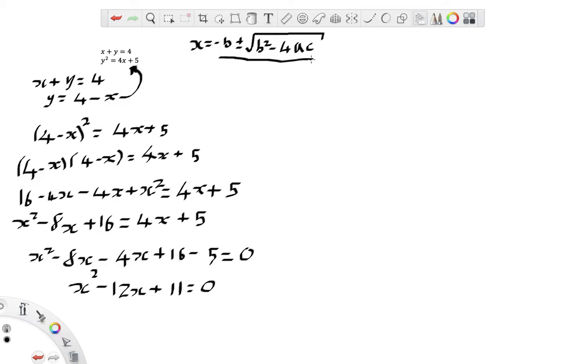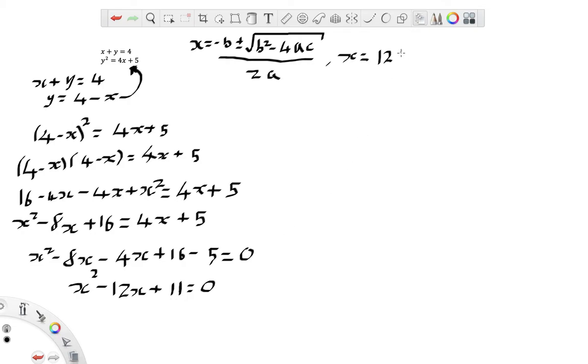all over 2a. Okay, so for this question, x is equal to, well, minus b here is minus 12, so that will just be positive. So remember that the coefficient of x squared is a, the coefficient of x is b, and then whatever number we have at the end is c.